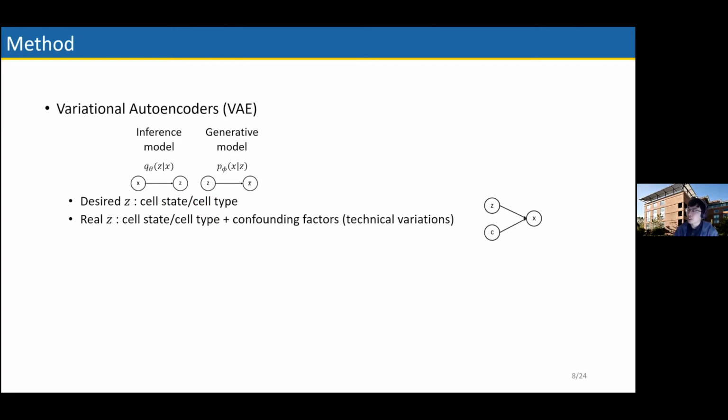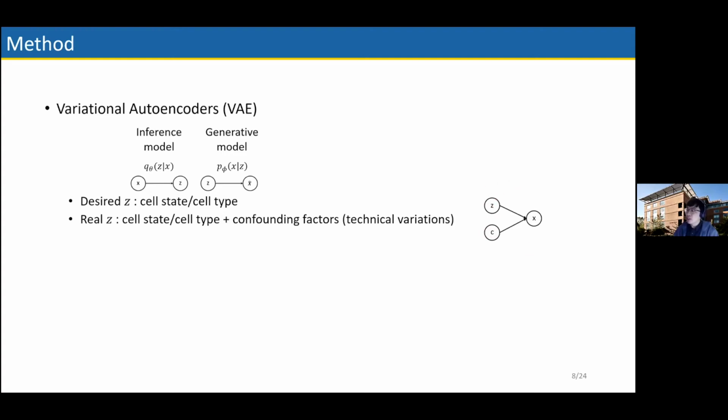or cell state. However, in the real world, besides the cell identity, other technical variations are also involved in this data generation process, such as read depth variation introduced in the sequencing process, batch effect, etc. These technical variations can be observed at the time we analyze the data, but they are not related to the intrinsic biology we are interested in.